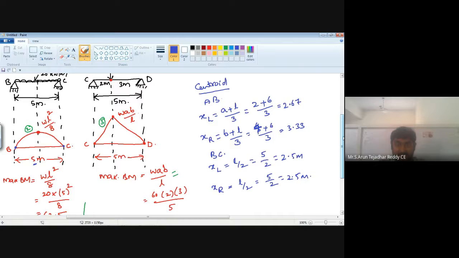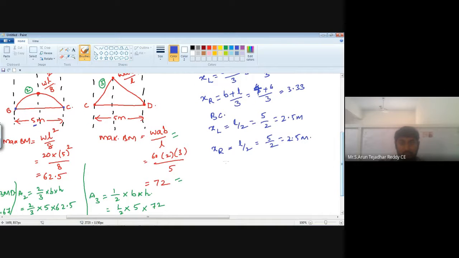This is the second span. Now coming to the third span, that is CD. CD is an unsymmetrical structure. So what about the XL? What about the XR here? What about the XL formula? A plus L by 3, B plus L by 3.